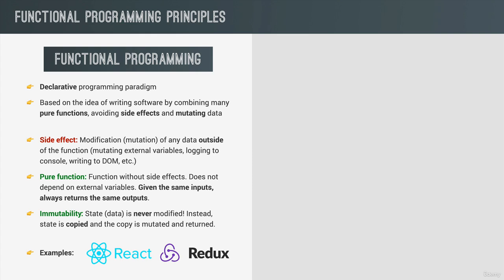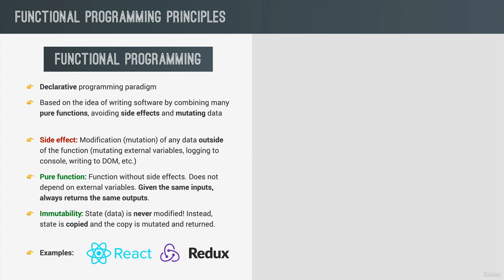However, some principles, such as pure functions or side effects, can actually be a bit easier to implement into our own code. So what I'm trying to say is that we can actually mix imperative and declarative programming in our own code. We don't have to go 100% declarative. Or in other words, we don't have to go 100% in the direction of making our code completely functional.